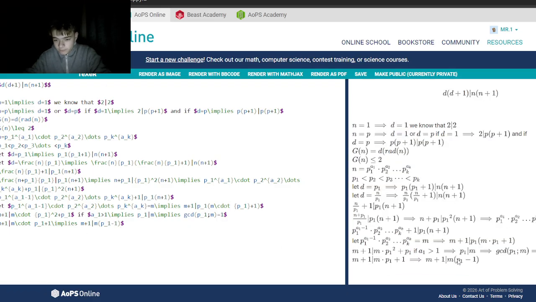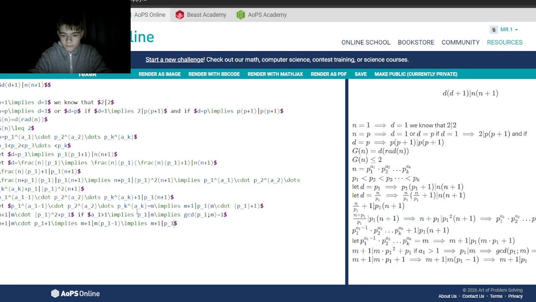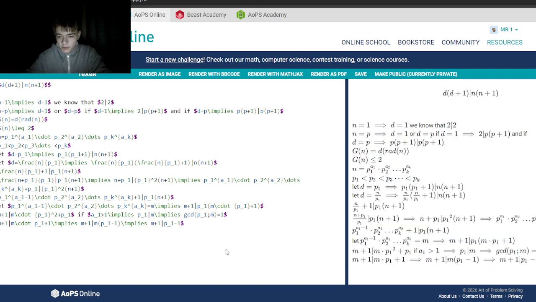Okay, and we know that GCD of m and m plus 1 is equal to 1, so this implies that m plus 1 divides p1 minus 1. Okay, and now this also implies that p1 minus 1 is more than or equal to m plus 1.